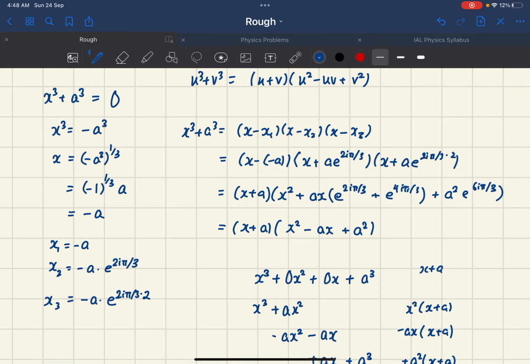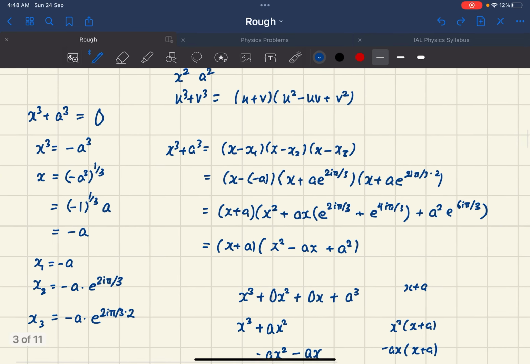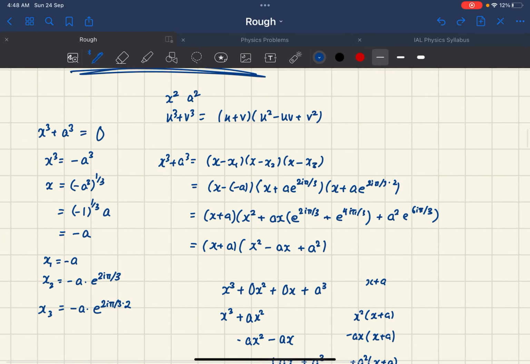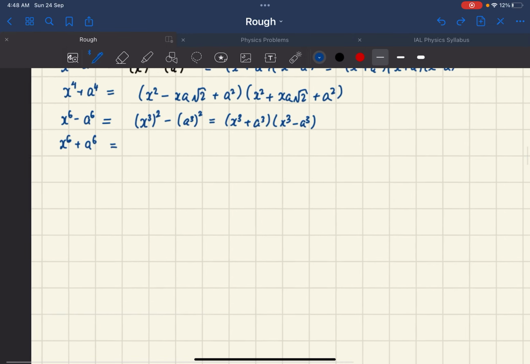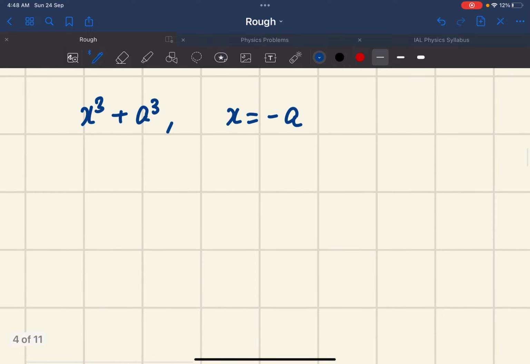So that is more roots of unity things. Here's my working. And so we find that actually the first one, x equals minus a is a root. So we can divide this by x plus a.